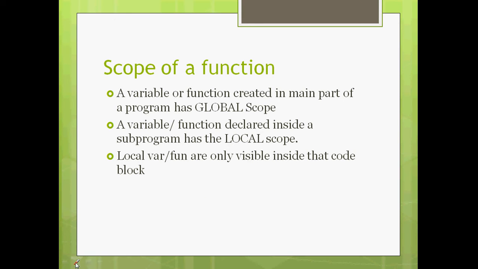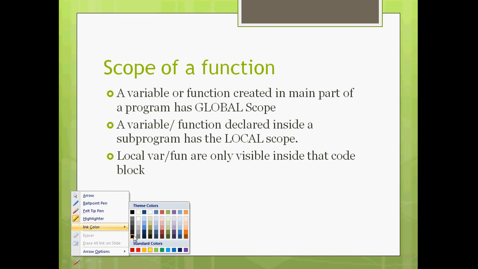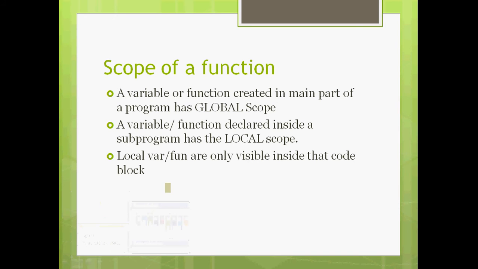So when you consider a program, if it has functions within that program, then the function is separately written as a code block, and it is separate from the main part of the program also. So you can say that this function is a subprogram, and the variables used inside the function, there may be global variables also, but locally created variables inside the function have local scope.